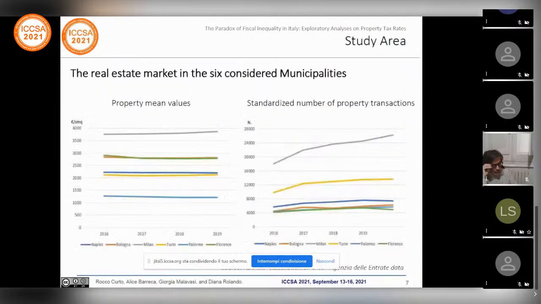The 6 selected cities present very different mean prices in the property market and different dynamism trends in the last years. They represent very different socioeconomic contexts, geographically distributed over the whole national territory.